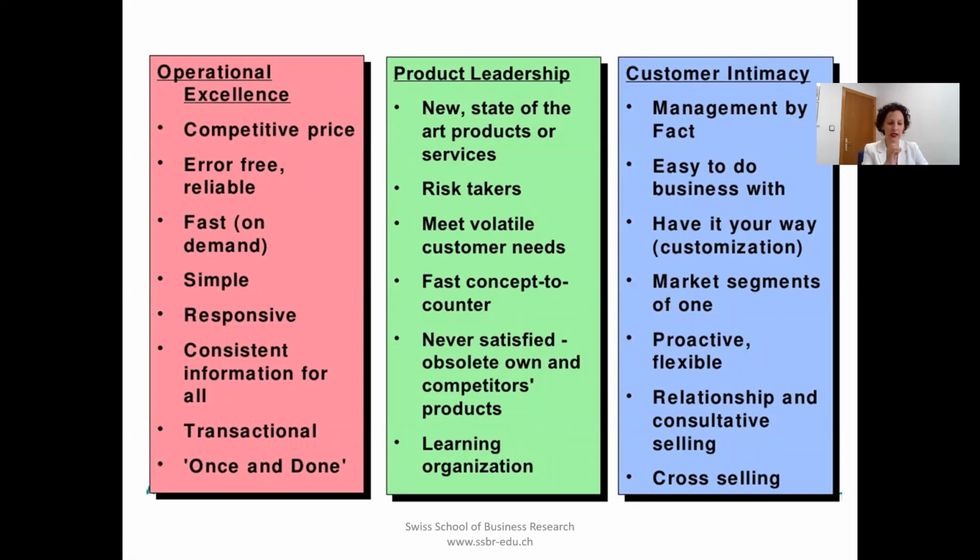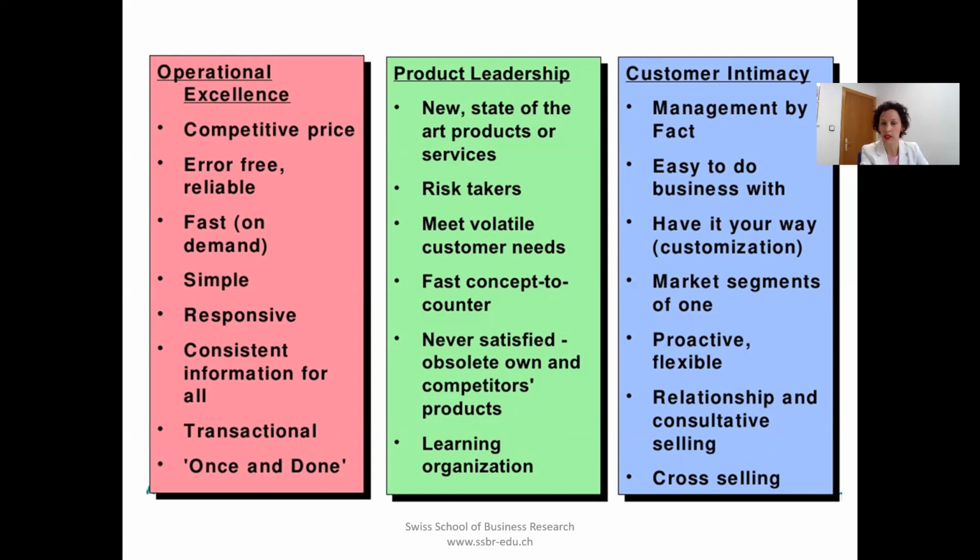They have a very fast concept-to-counter approach. They are never satisfied, and they actually make their own products obsolete, and of course competitors' products, so that they can be replaced with the new, more innovative product. And they are a learning organization, constantly innovating and constantly creating new things.